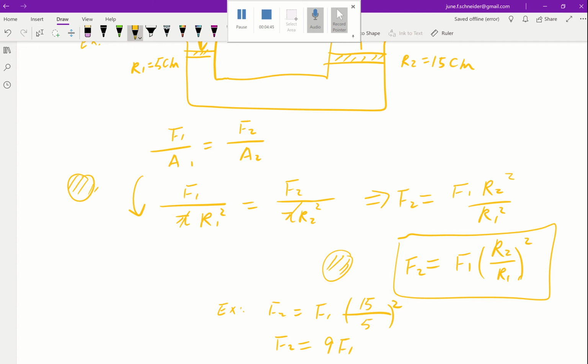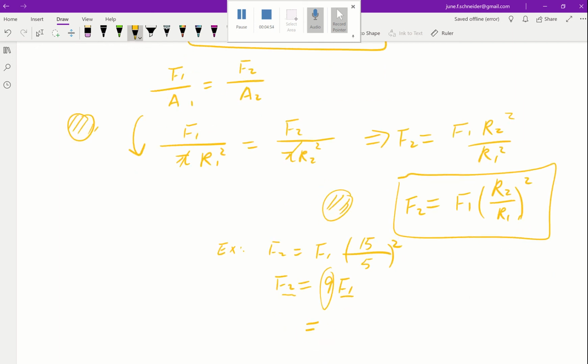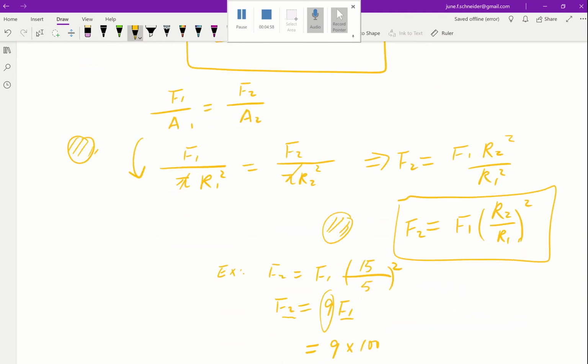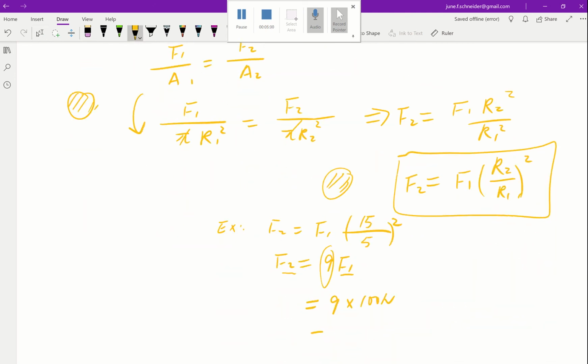When you're pushing with a smaller amount, the force is increased, for this example, 9-fold. So F2 is going to be 9 times F1. F1 is 100 Newtons, so the load you are lifting becomes 900 Newtons. That's the hydraulic system. Okay, that wraps up a quick example of a hydraulic system.